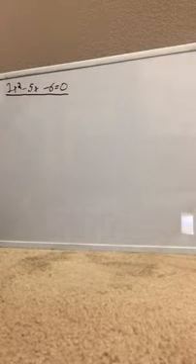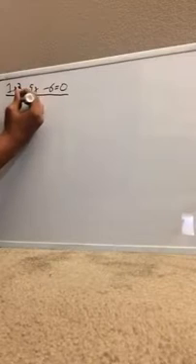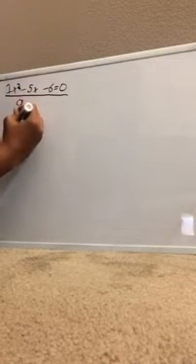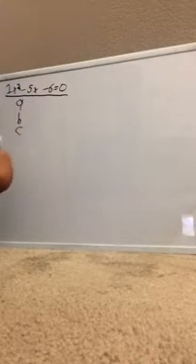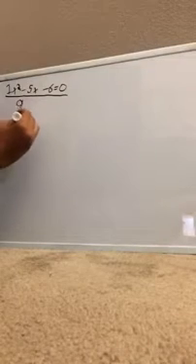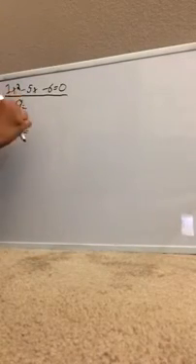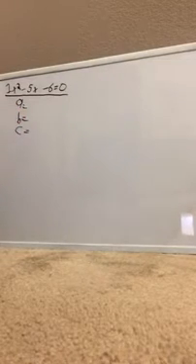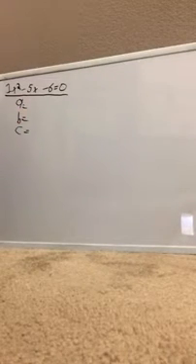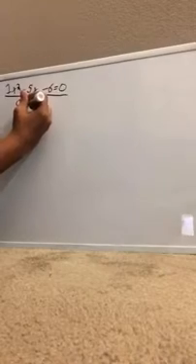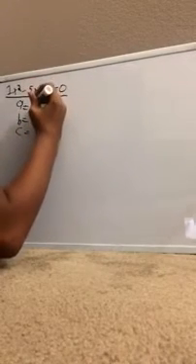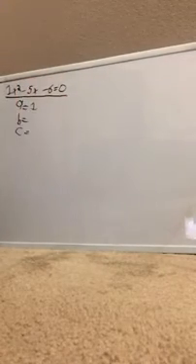First, we have to find out our variables, a, b, and c. A is always going to be the coefficient in front of x squared. So that is, in this case, 1.